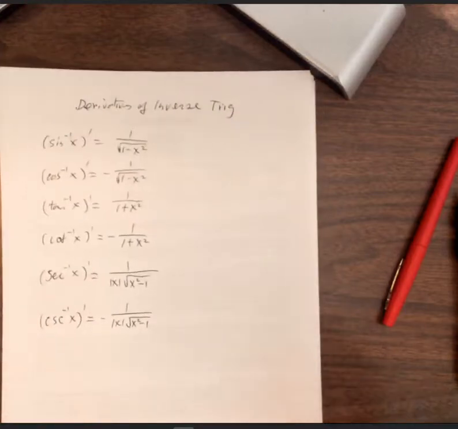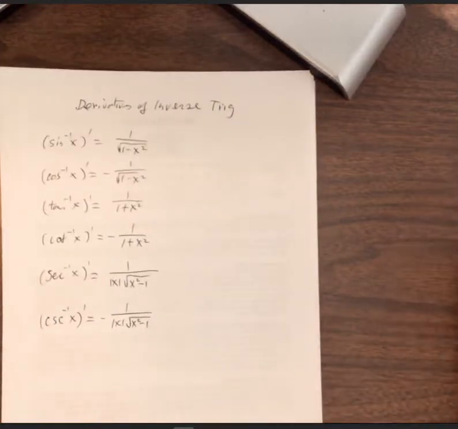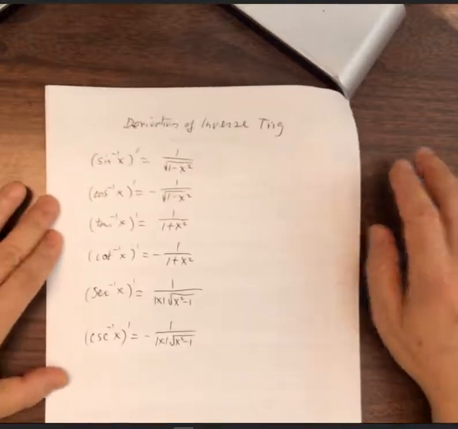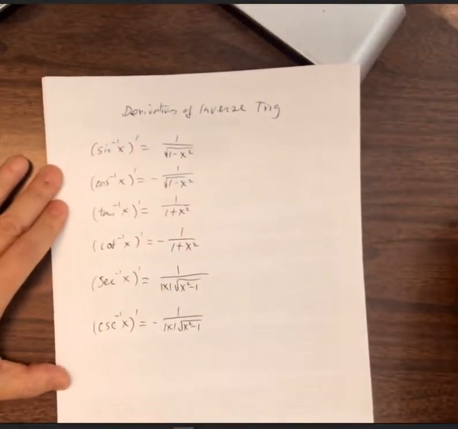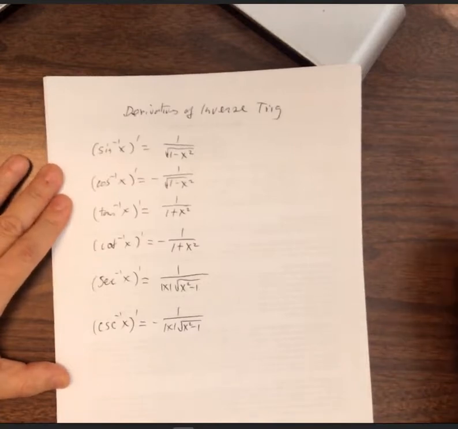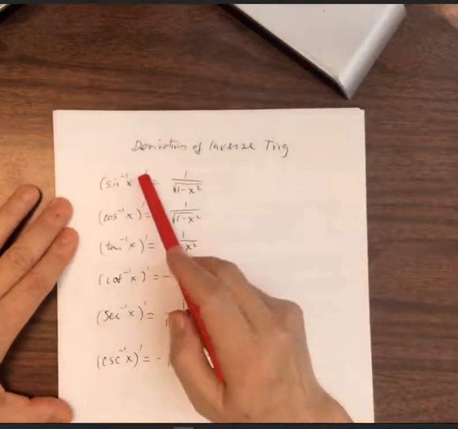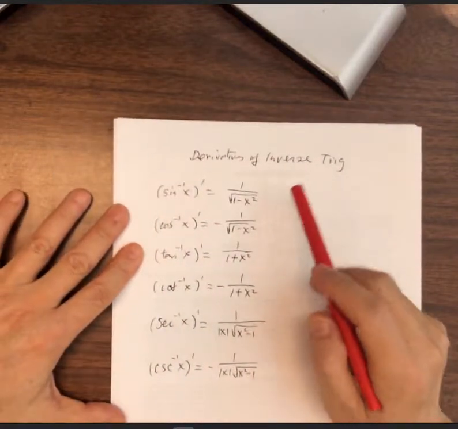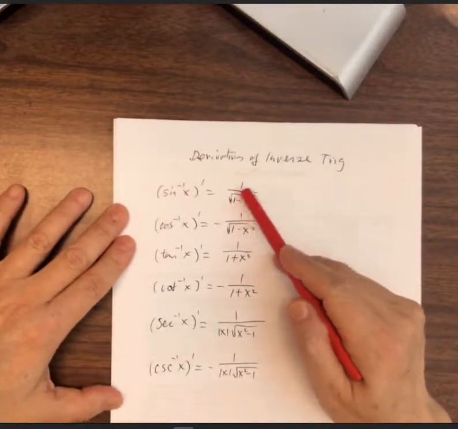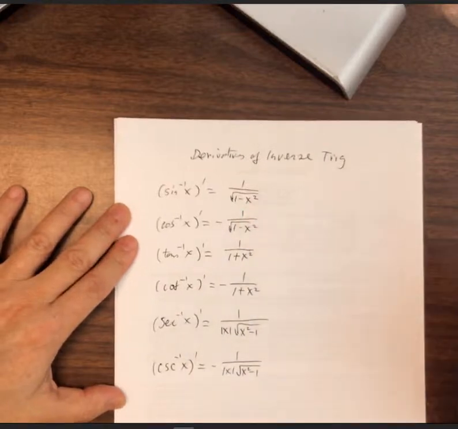Okay, here are the new differentiation formulas we have for inverse trig functions. The derivative of inverse sine is 1 over the square root of 1 minus x squared.